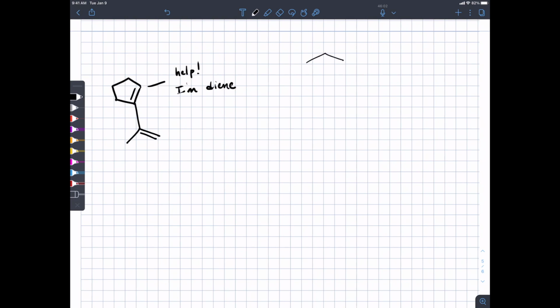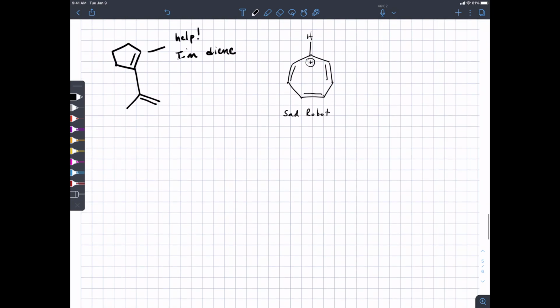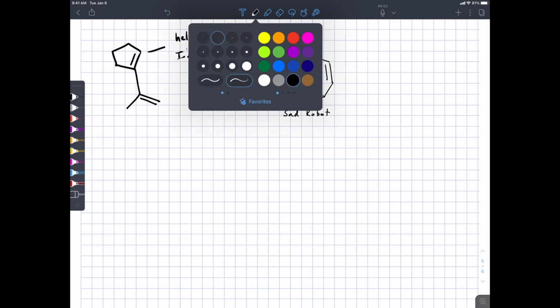In 352, you'll learn about a concept called aromaticity, and it's about having a conjugated ring with the right number of electrons. And one of my only talents in life is drawing a 7-membered ring, which I've been told looks like a sad robot. So, I don't know, I think he kind of looks happy, but maybe a little bit better. Okay, enough jokes. We have no time for jokes. There's always time for jokes.